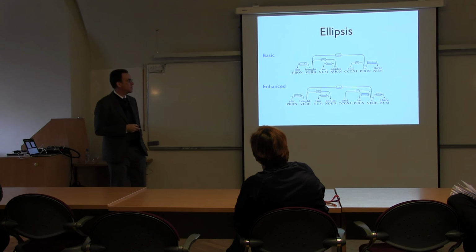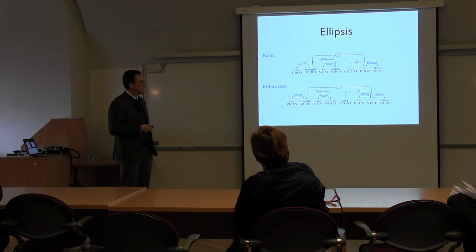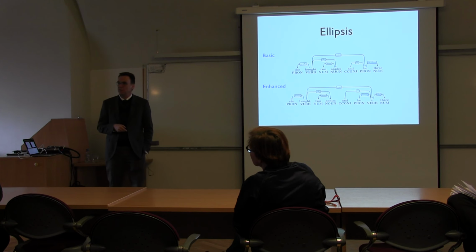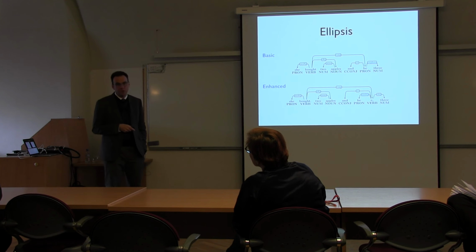The other thing is that there might be a modifier over here that doesn't correspond to anything over here. The standard example in the guidelines is something like, many people left the company, some for good, where for good has no corresponding modifier in the first clause, so you have nothing to link it to.